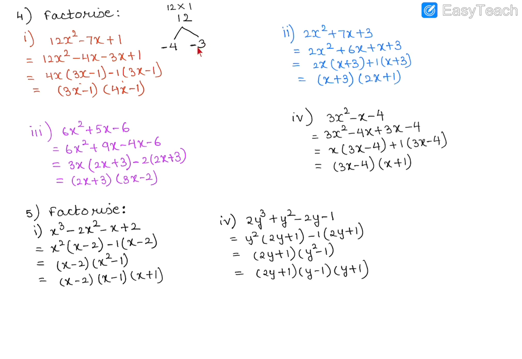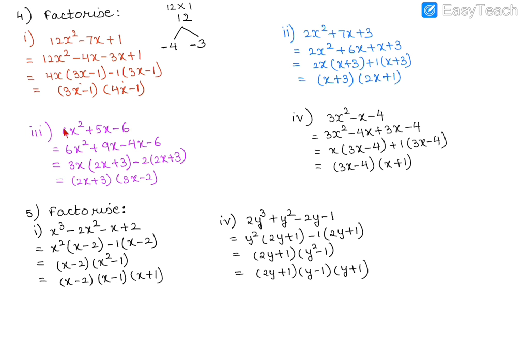Now you take a 4x common from these two. Left over is 3x, here 1. Take a minus 1 common and again 3x minus 1. Now see, whatever is coming in the first bracket, here also you're getting the same term. So 3x minus 1 is common. What is left here is 4x, and what is left here is minus 1.